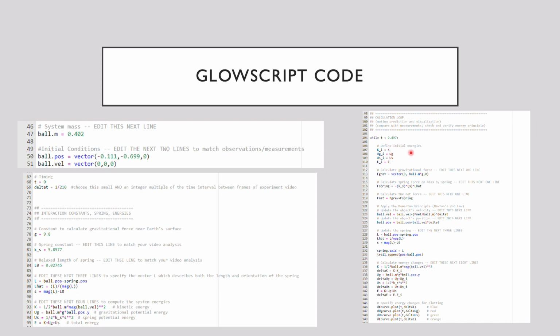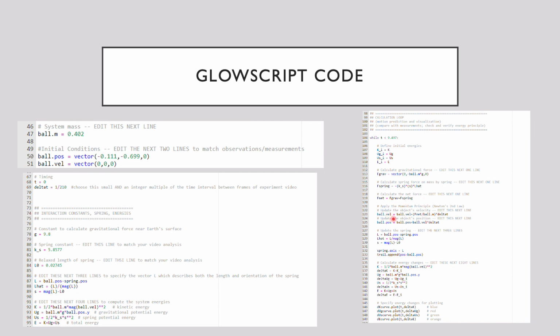So we have our initial energies right here, and then we have our gravitational force, and the vector for that is just 0 in the x direction because there's no force there, negative mg in the y direction, and 0 in the z direction. For the spring force, we have negative ks in the direction of the spring, which is L hat, and the net force is the same as before, gravitational force plus spring force.